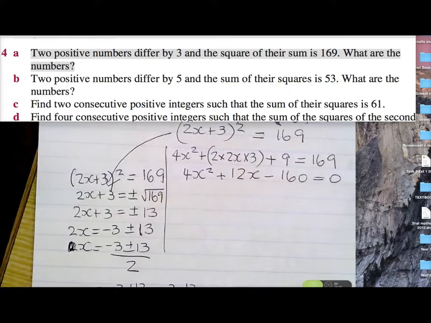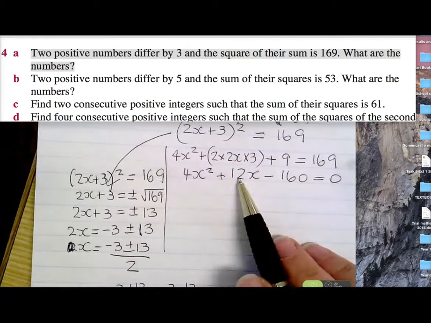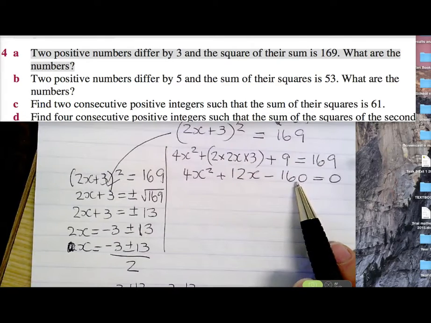Excuse me ladies, when you try and factorize this, if 4 is a common factor in all those numbers, and it is, I would be dividing through both sides by 4 because it makes your factorization easier. 4 goes into 4, 4 goes into 12, and 4 goes into negative 160.